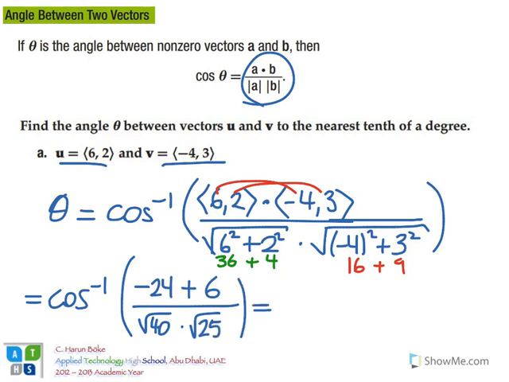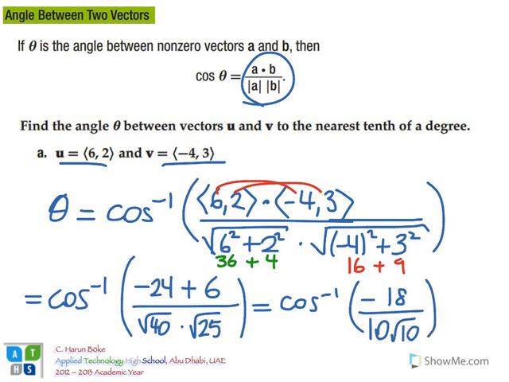So, if we simplify further, we will have the inverse cosine of -24 plus 6 gives us -18, divided by, when you type root 40 times root 25 on your calculator, you get 10 root 10.